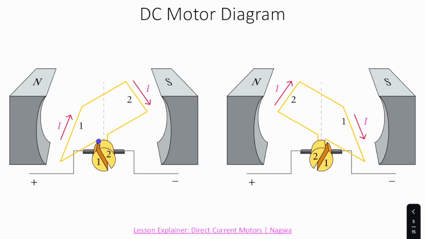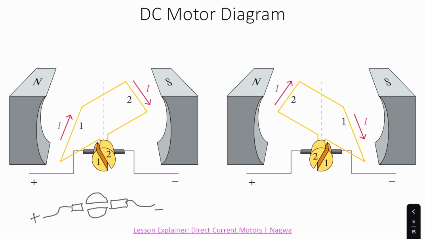And as this gap approaches this brush, the gap on the other side will approach this brush. There will be a brief moment where the commutator is not contacting either side's wires, but the momentum will carry it.